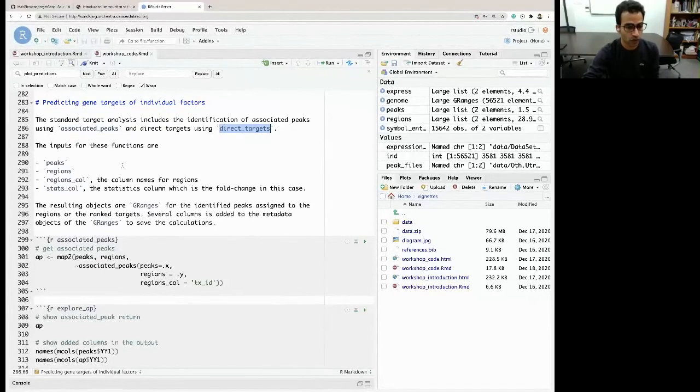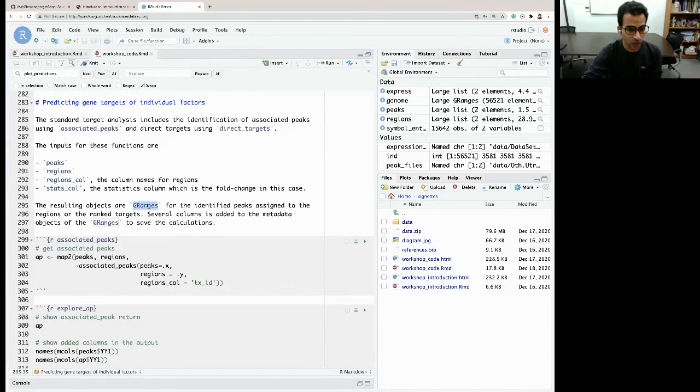The input to the two functions is very similar. We give it the peaks, the regions, and then we specify which of the metadata columns we're using as the region's name. And then for direct targets, we need to pass it the column name of the metadata column that has the fold change data.